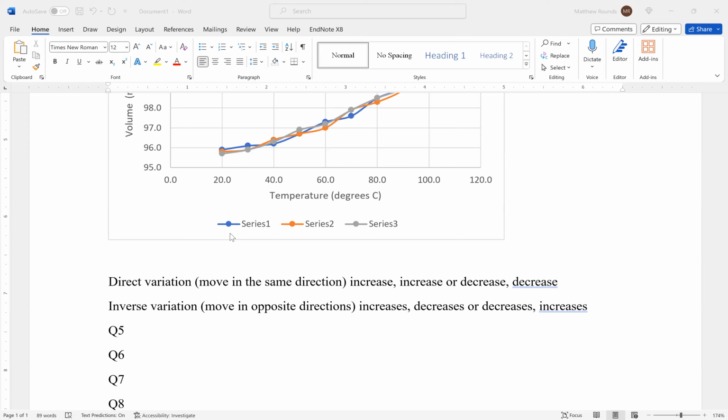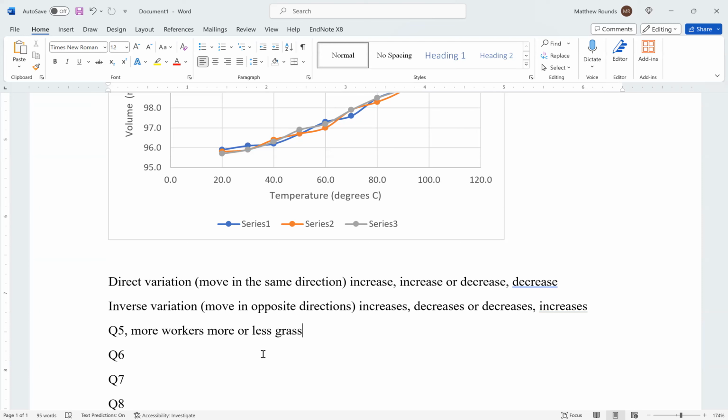So the question is, as you have more workers, can you mow more grass? More workers, more grass or less grass? Well, if you have more workers, you're gonna have less grass.